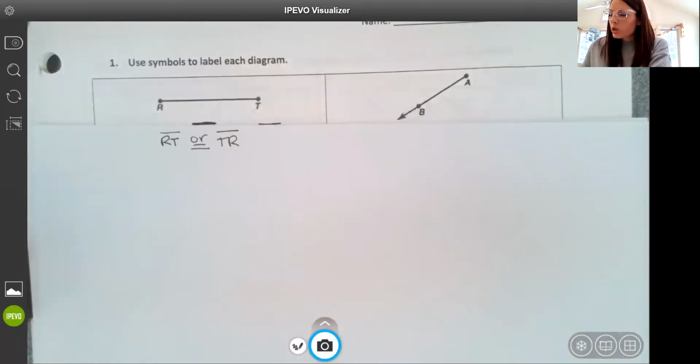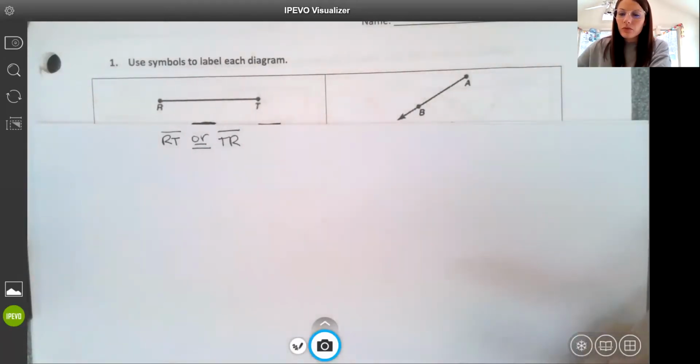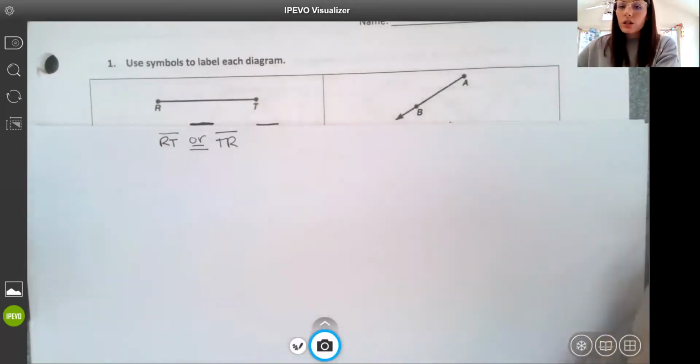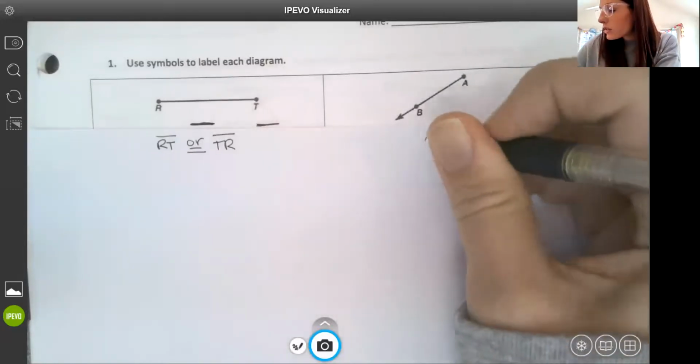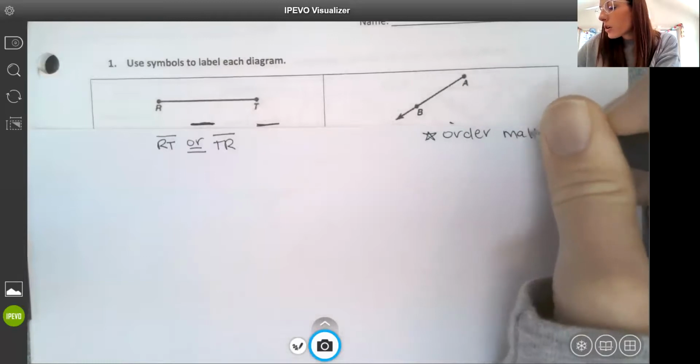On our second diagram, what do we call that? It's endpoint through arrow. Ray, good. Our ray is the one where order matters. This is a really important one where students lose points all the time.